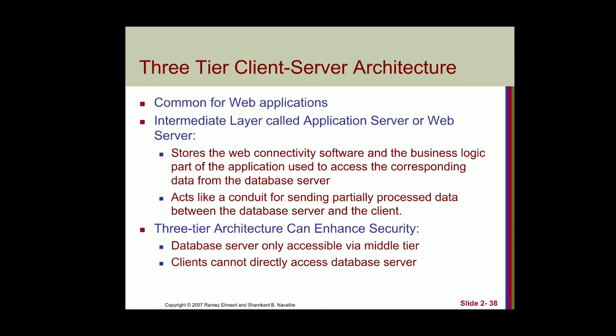This layer acts like a conduit for sending partially processed data between the database server and the client. Apart from this, we use three-tier client-server architecture because it enhances security, because the database server is only accessible via this middle tier. Clients cannot directly access database server content.